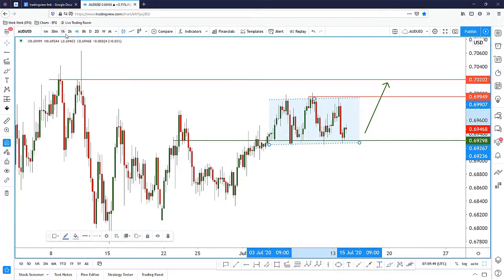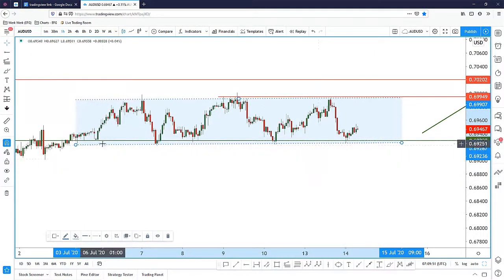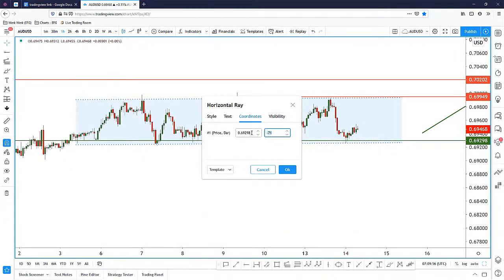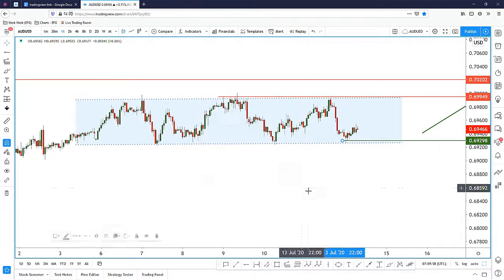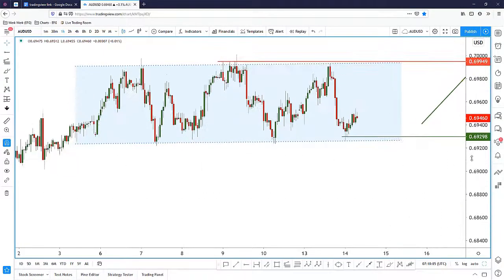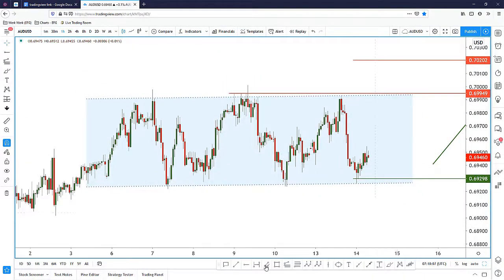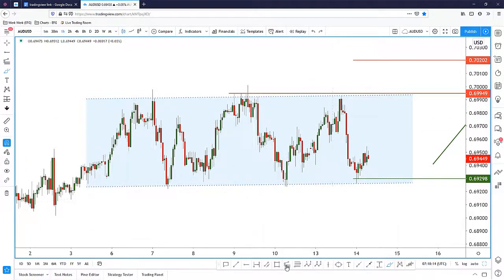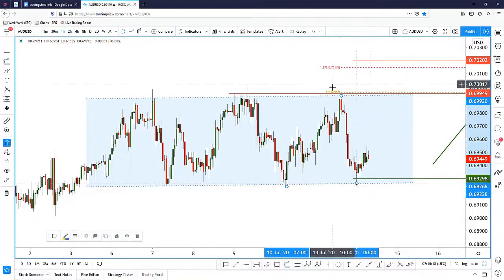Very quickly, let's go down to the 1 hour just to tidy things up. Let me tidy the chart up for you. Something like that. We see that price is making this zigzag, so we can use a Fibonacci extension, 0.1, 0.2, 0.3, and we see that 100% lines up right at the top of this channel.